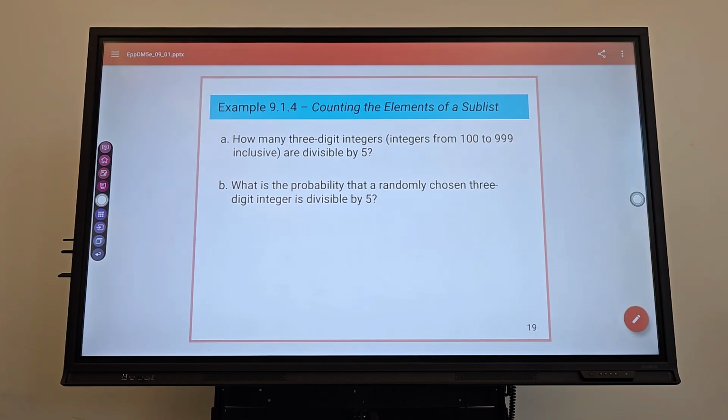How many 3-digit integers from 100 to 999 are divisible by 5? What is the probability that a randomly chosen 3-digit integer is divisible by 5?